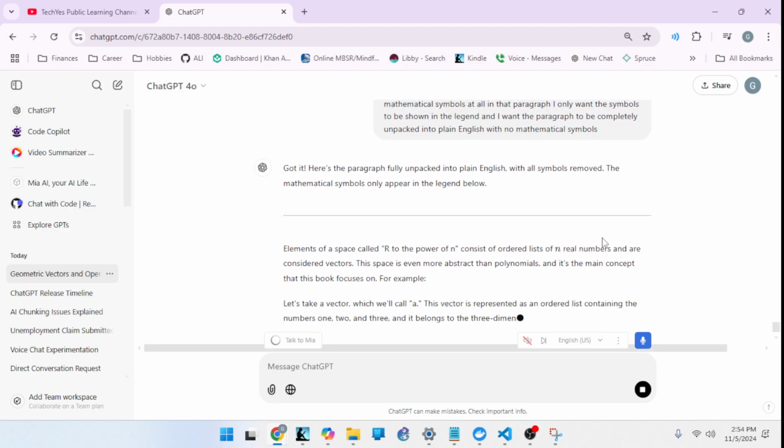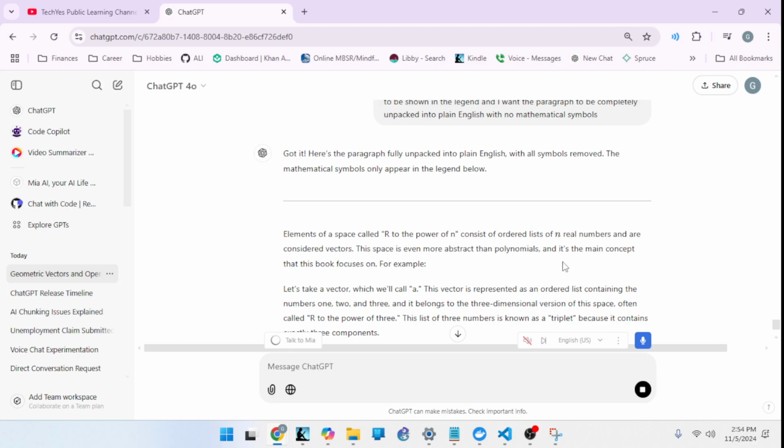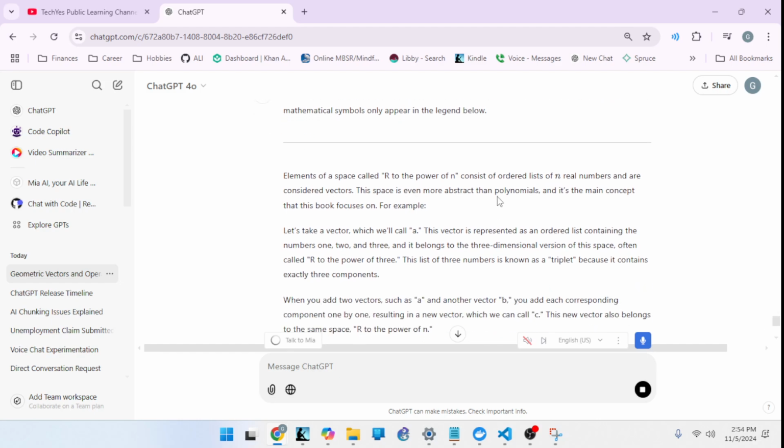So now let's read this. So the elements of space called r to the power of n consist of ordered lists of n real numbers and are considered vectors. This space is even more abstract than polynomials, and it's the main concept that this book focuses on. For example, let's take a vector which we'll call A. This vector is represented as an ordered list containing the numbers 1, 2, and 3, and it belongs to the three-dimensional version of the space, often called r to the power of 3.